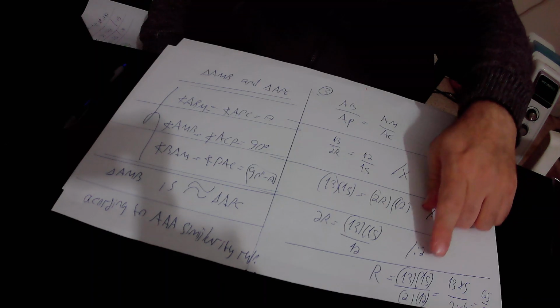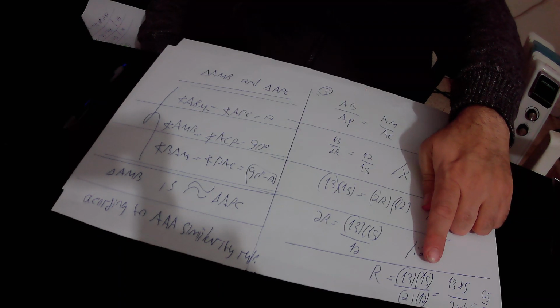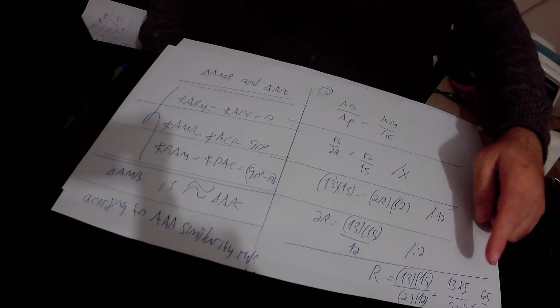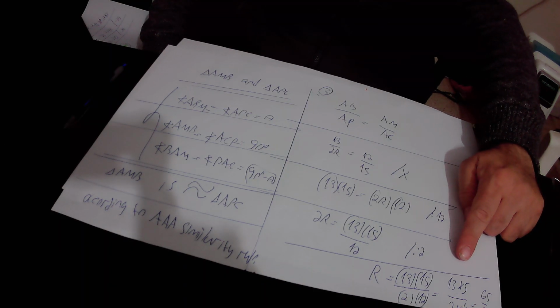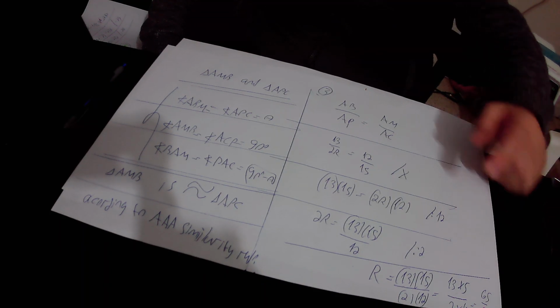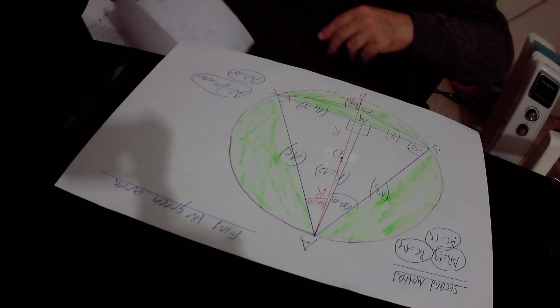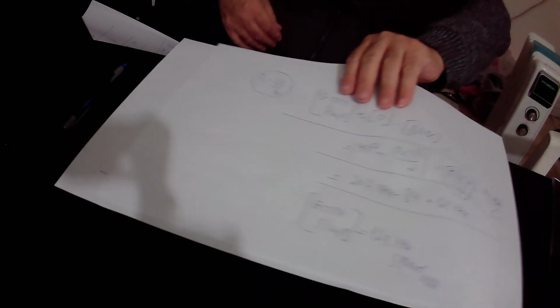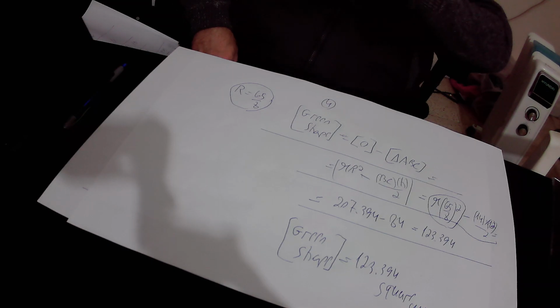In the denominator we have 2 times 12, and 2 times 12 over 3 is 4. So after we divide the denominator also by 3, we are left with 2 times 4. 2 times 4 is 8, and 13 times 5 is 65. So in conclusion, we found that the radius of this circle R equals 65 over 8 units.